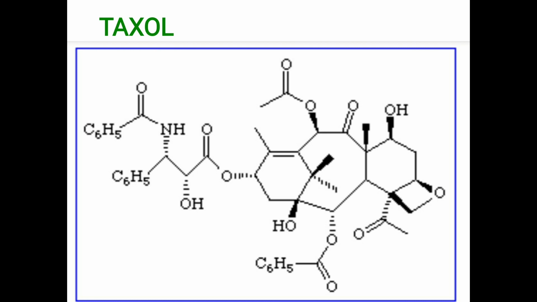So, it is a diterpenoid, and it has 3 main rings in the structure. So, it is a tricyclic terpenoid. Let us name the rings.